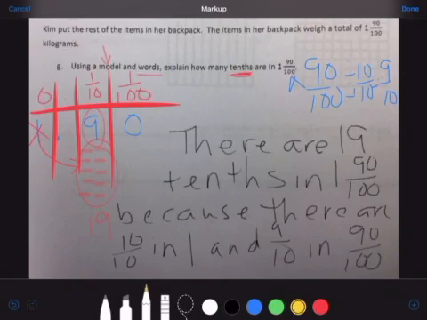So that's where we got the 19 tenths. All right, best of luck on your test.